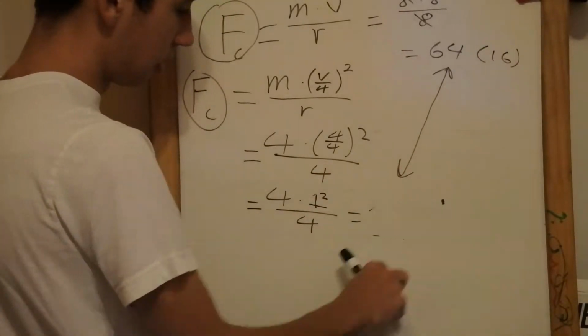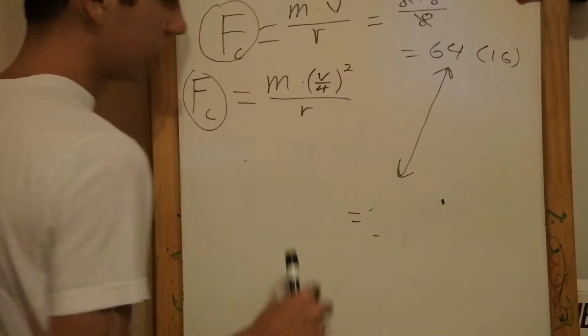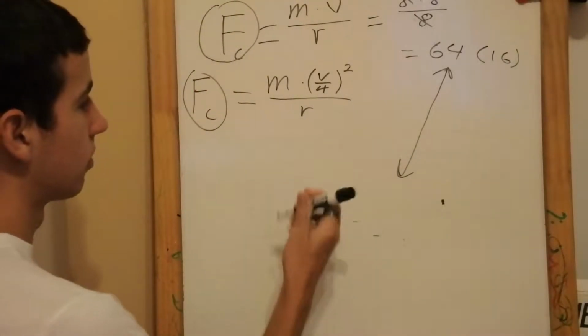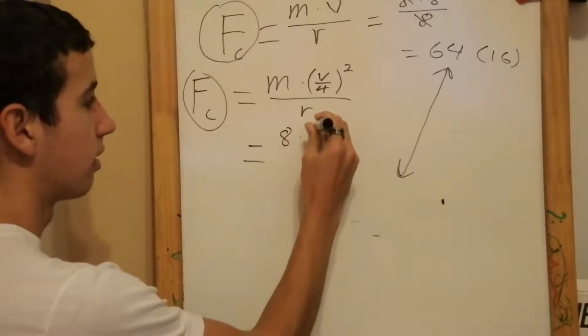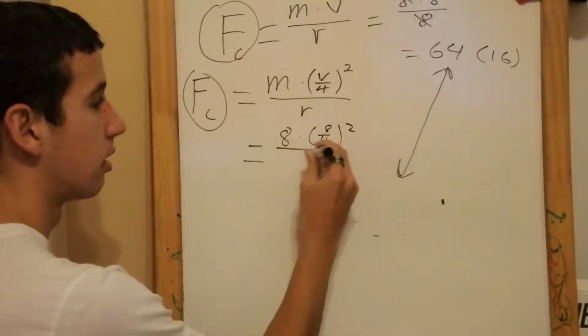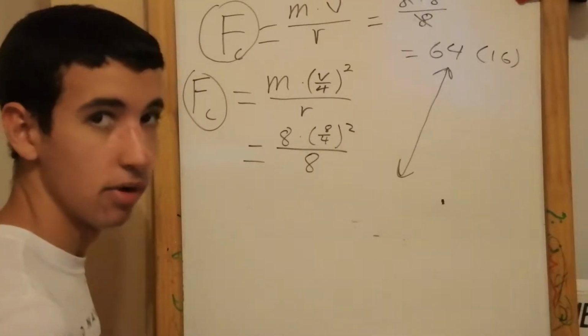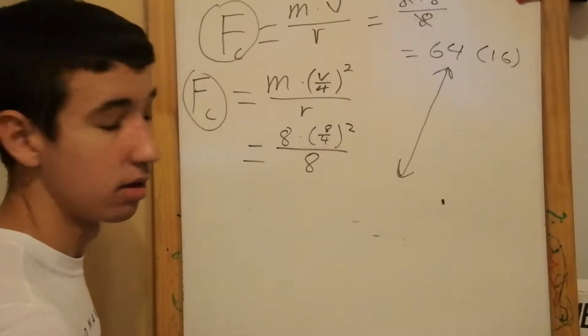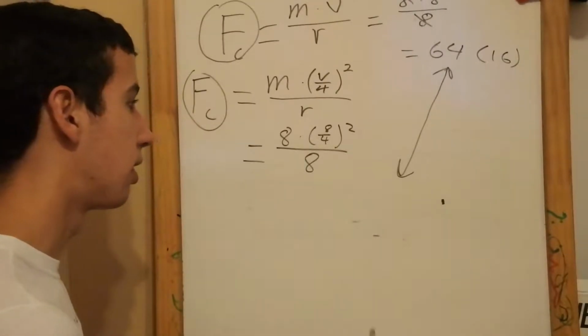Now, what about down here? Let's plug in our 8s. So 8 times 8 divided by 4 squared over 8. The reason I used 8 is because it's divisible by 4. If I were to use, say, 10, I would have a wacky fraction, 2 and 2/4 or something.